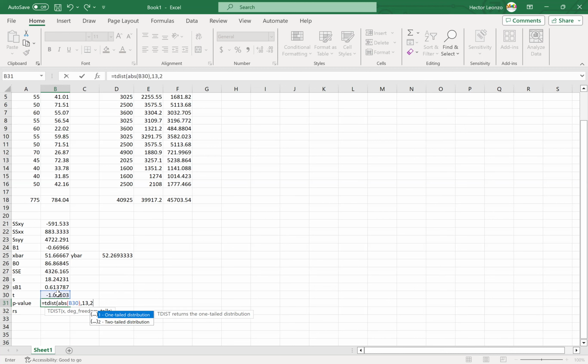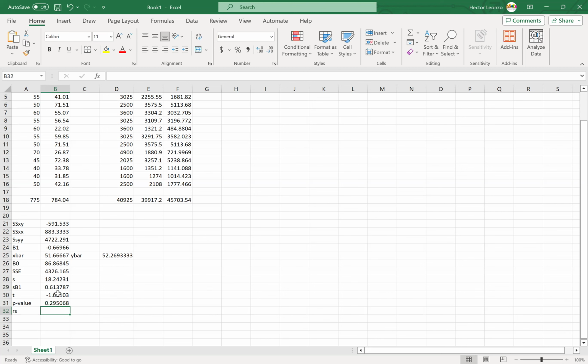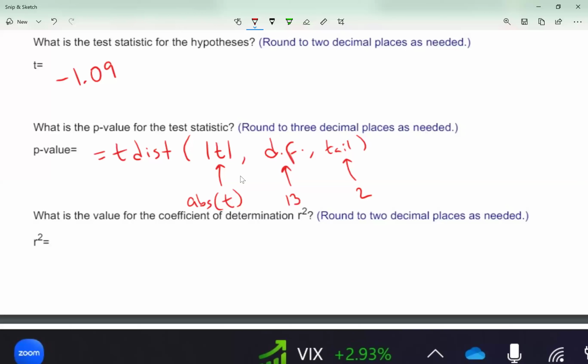I said 2, close parentheses. So my p-value rounded to 3 decimal places is going to be 0.295. Keep in mind, I rounded to 3 decimal places.